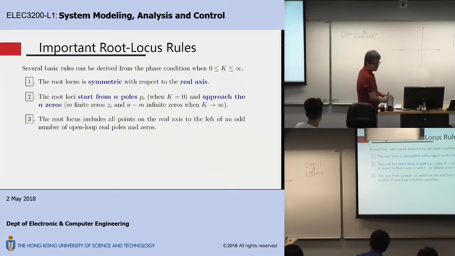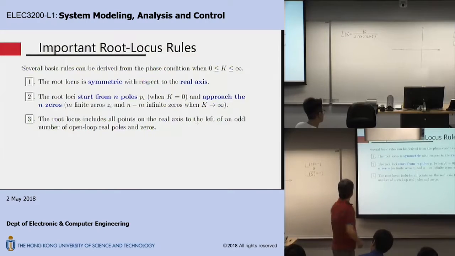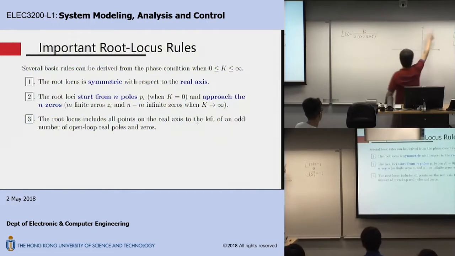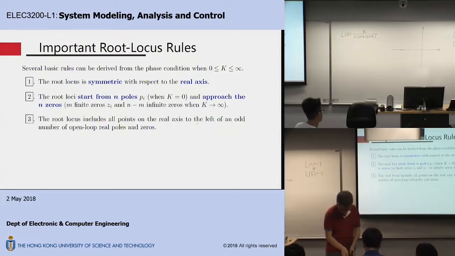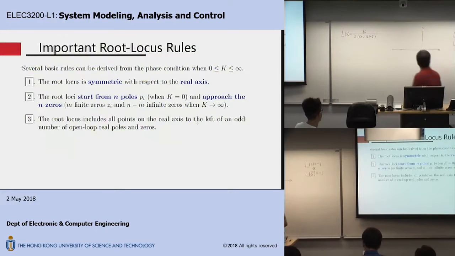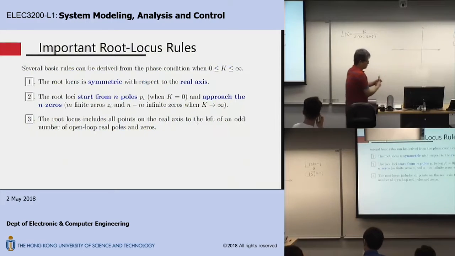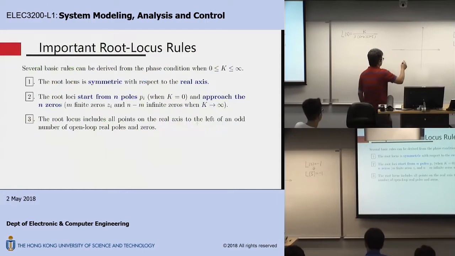So the root locus is symmetric to the real axis. If you have something here, then you will have something here. That's one rule you want to remember. So that's easy to remember.